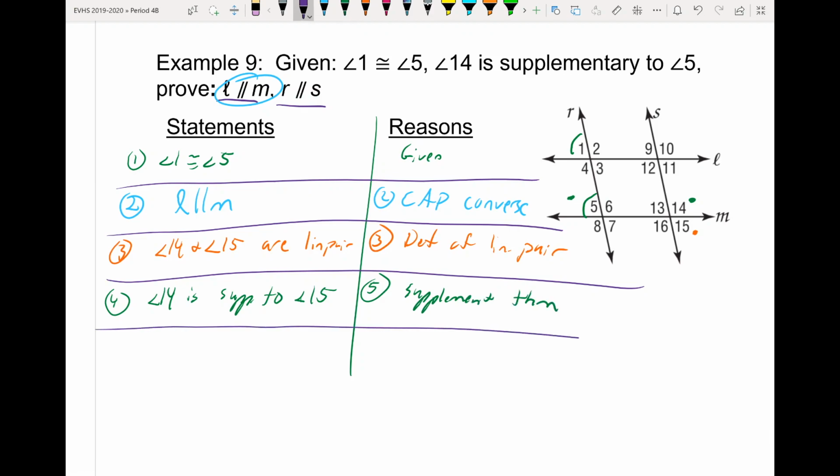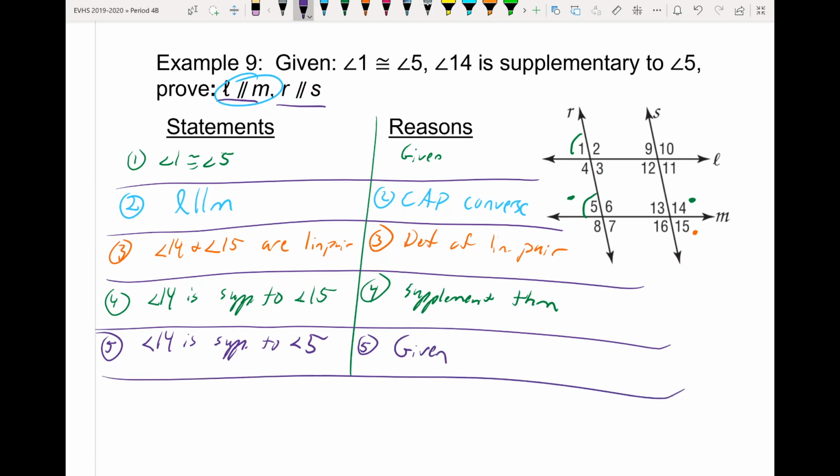Right, because they're a linear pair, so linear pairs are supplementary. All right, now I'm going to jump in and do my other given. I also know that angle 14 is supplementary to angle 5. Oh, this should have been a 4 here. And then I can use my 5 there. How do I know that 14 is supplementary to 5? Okay, that's my given.